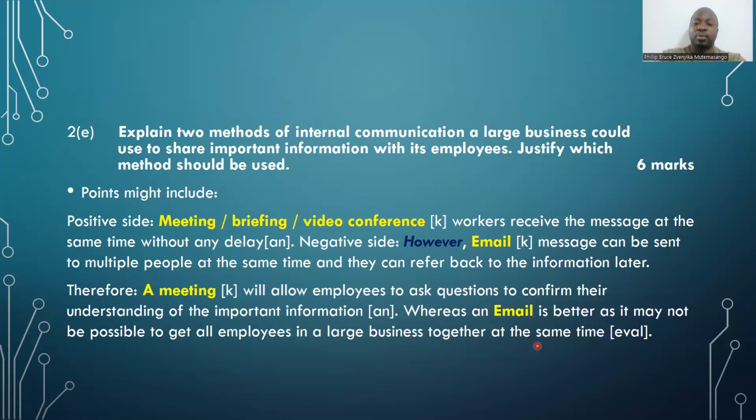That is why we are not going to choose an email as the best method of internal communication, but rather a meeting. After doing this, you're going to get 6 marks: 2 for the meeting, 2 for the email, and 2 for the justification that you've given. So always there should be evaluation, and this can be shown by using words such as whereas, however. Such conjunctions should be used to show a clear transition from one side to another.